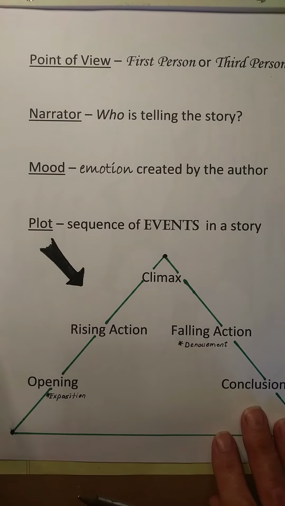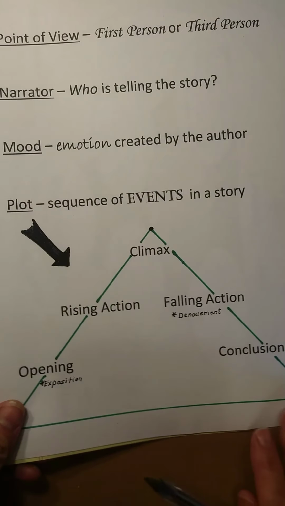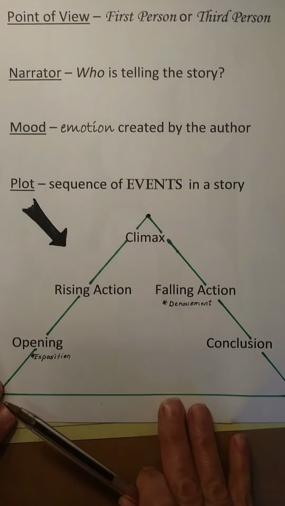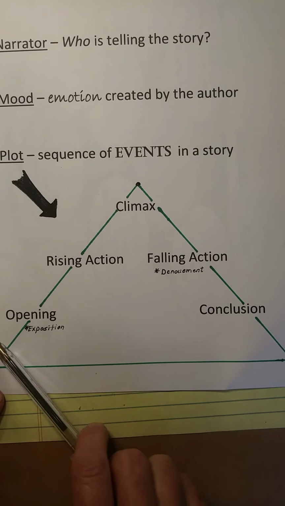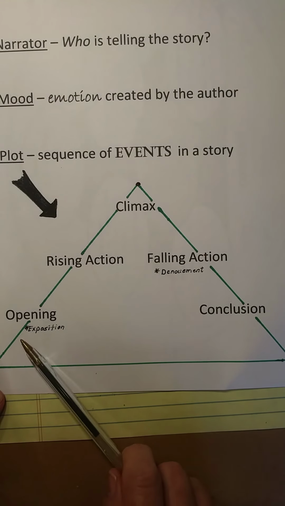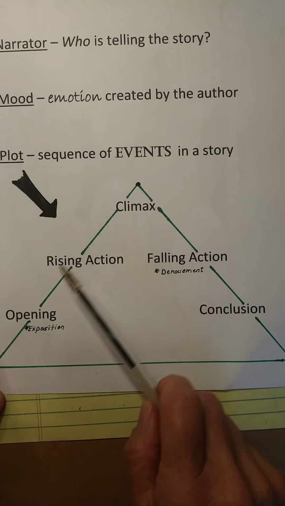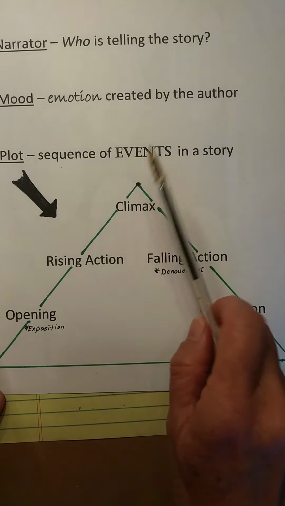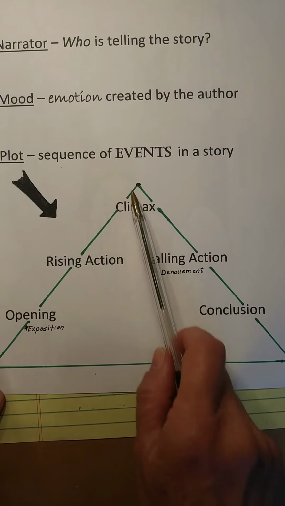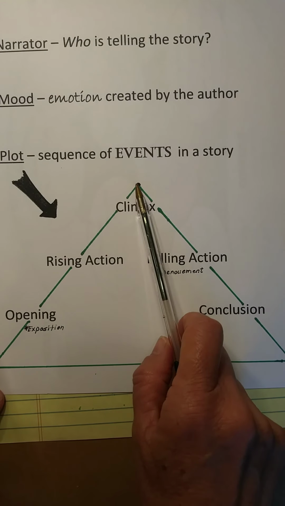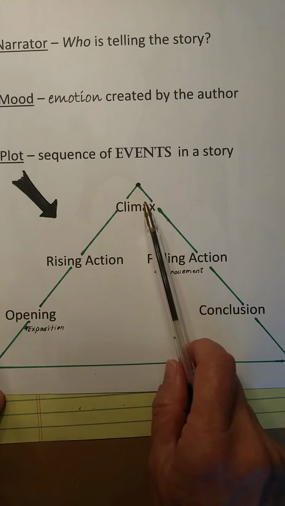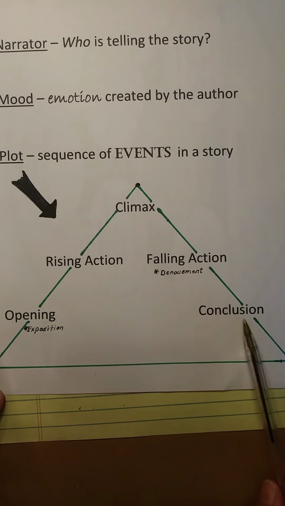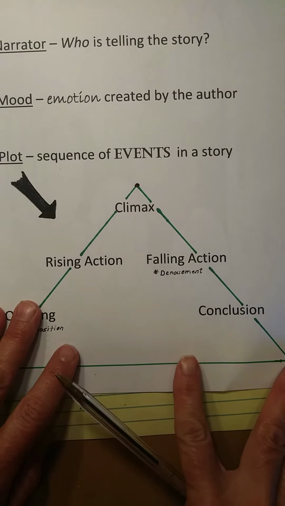They start with the opening, or what we have typically called the exposition. That's what's going on in the story, the setting. And then we have the rising action. What are the events that are happening throughout the story that lead up to the climax? The climax is usually the most important, exciting part of the story. And then we have the falling action, or the denouement, and the conclusion is how things all work out.